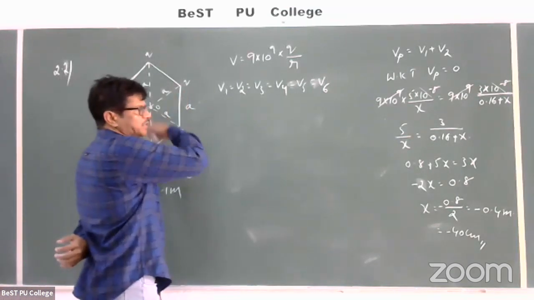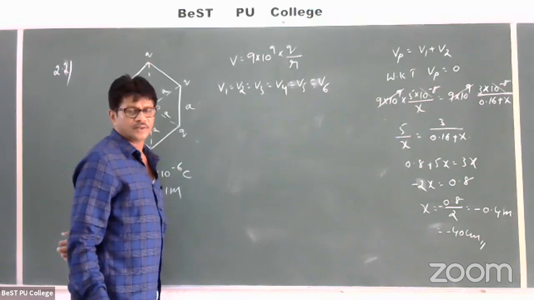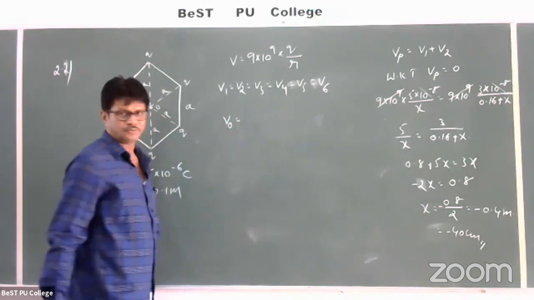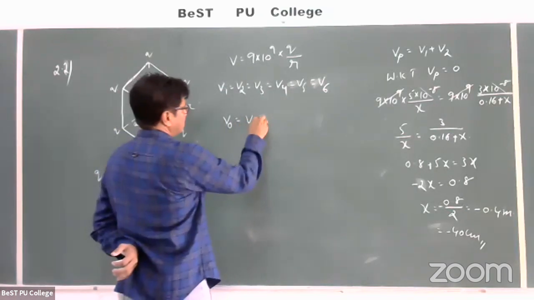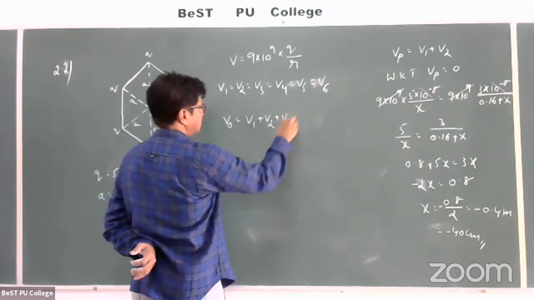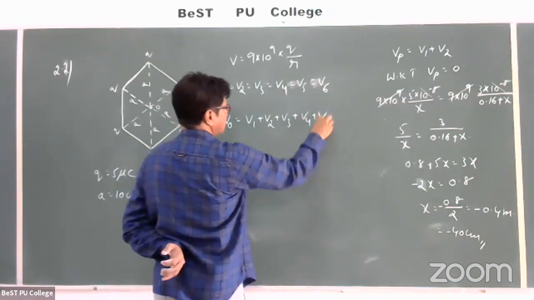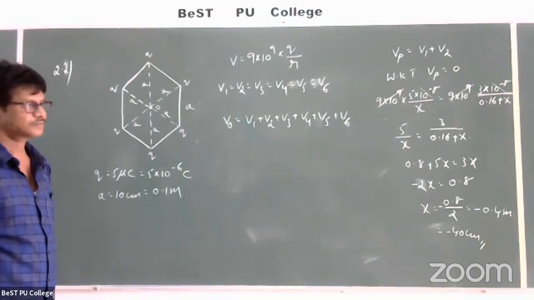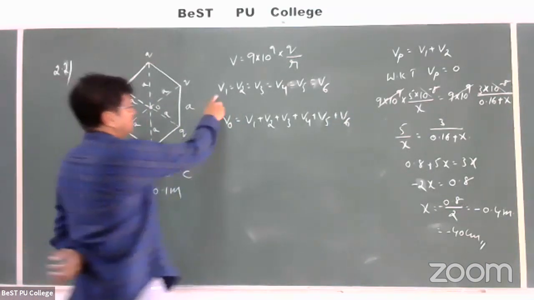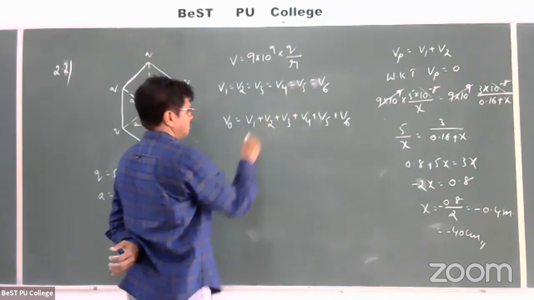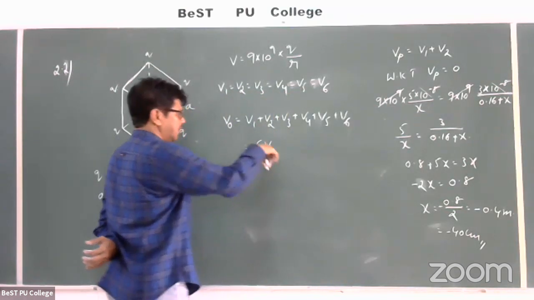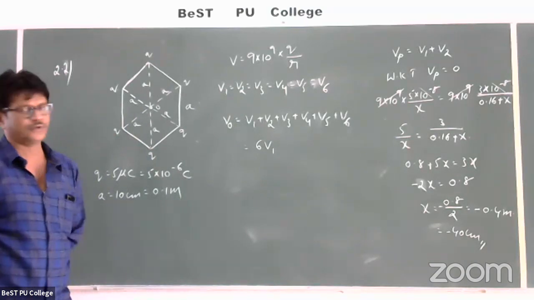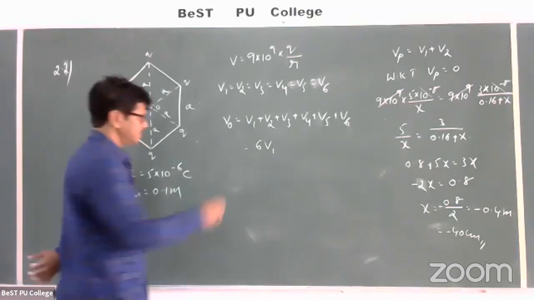Then because the potential is a scalar quantity, we can add them to get the total potential at O, which is equal to V1 plus V2 plus V3 plus V4 plus V5 plus V6. So as we know, V1 is equal to V2 is equal to V3, so we are going to have 6V1.